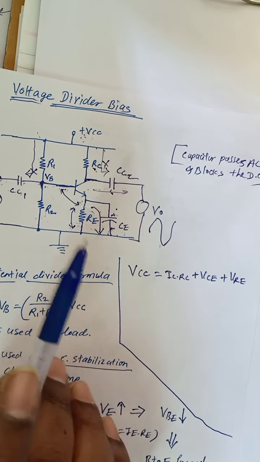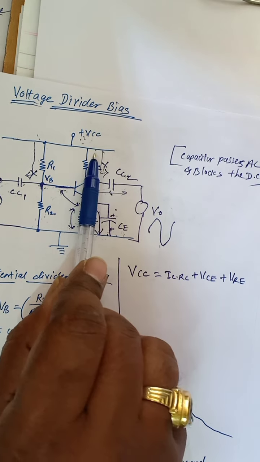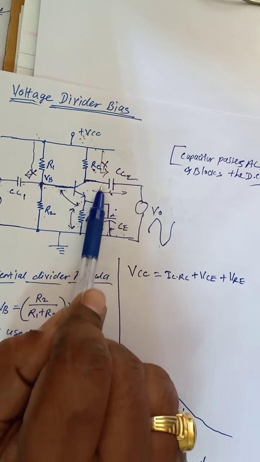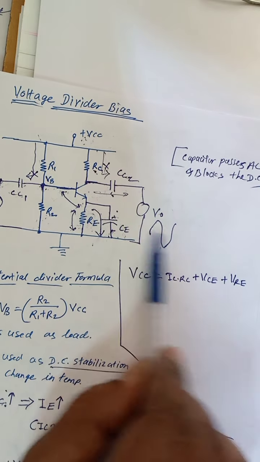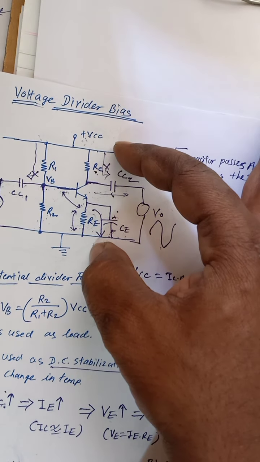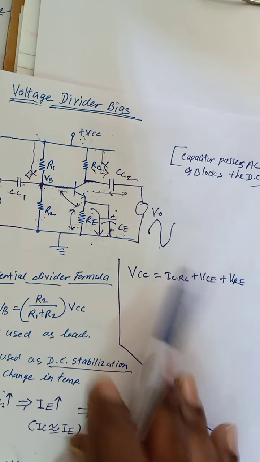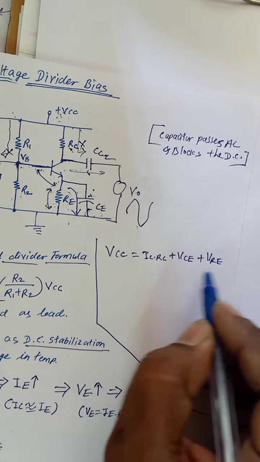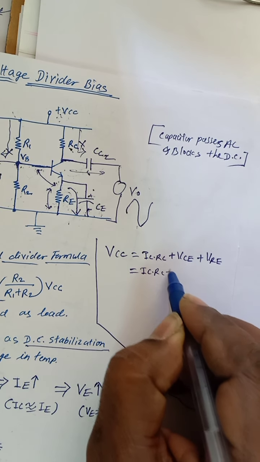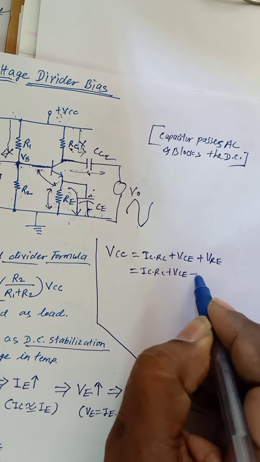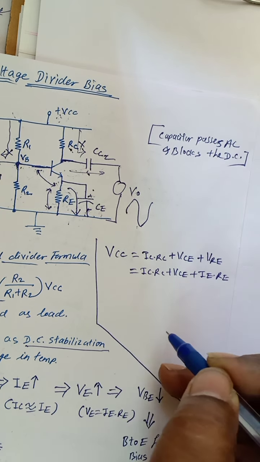So last time we saw there is no RE, but here we are connecting RE. So VCC equals the voltage across this plus the voltage across this plus the voltage across this. Okay, that is the applied total voltage. So we solve: IC into RC plus VCE plus IE into RE.